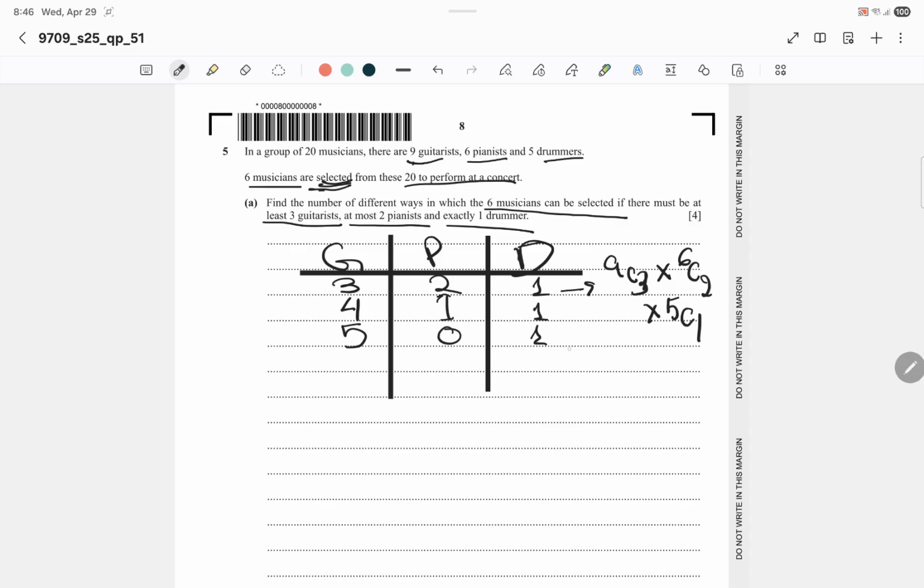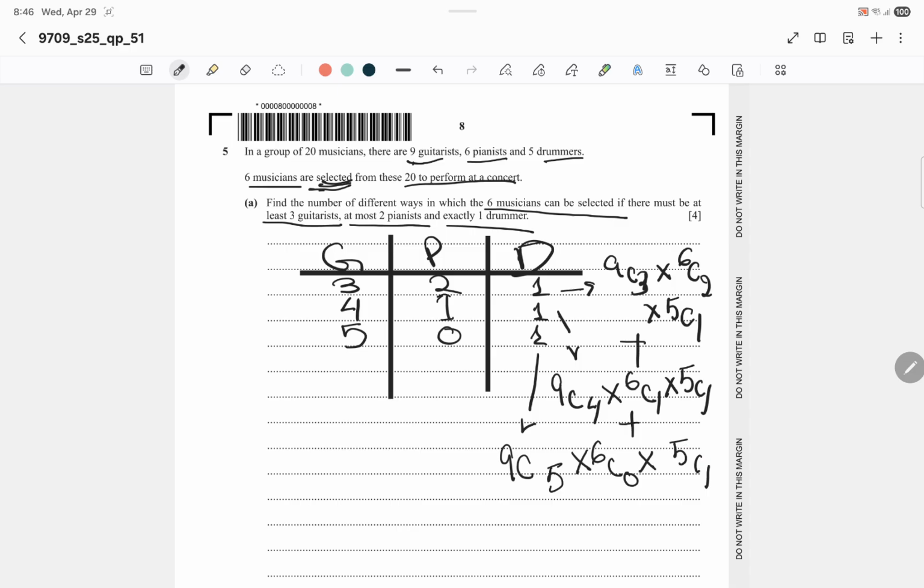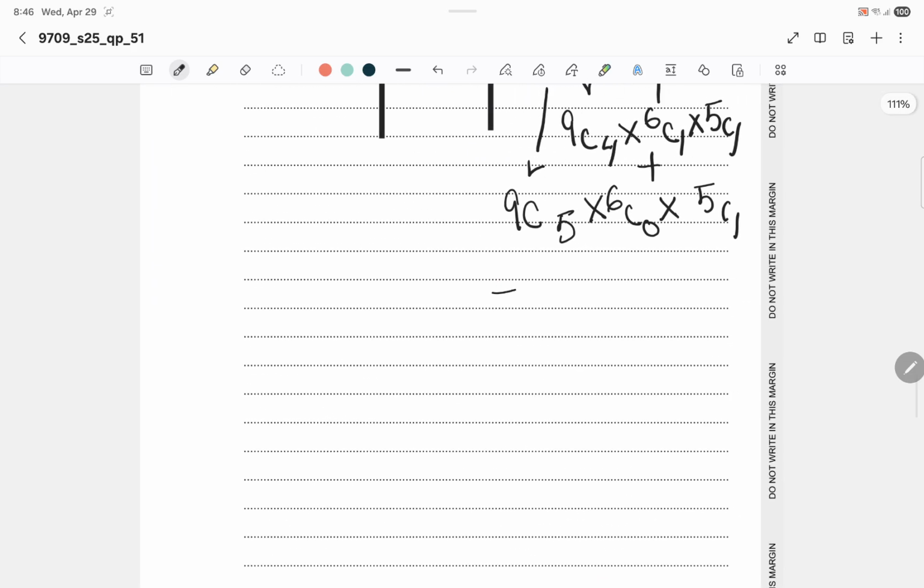Or for this, we get 9C4 into 6C1 into 5C1. Or for this, you're going to take 9C5 into 6C0, since we're taking nothing here, into 5C1. Add them up. That's going to give you the final answer, which should be 10710.